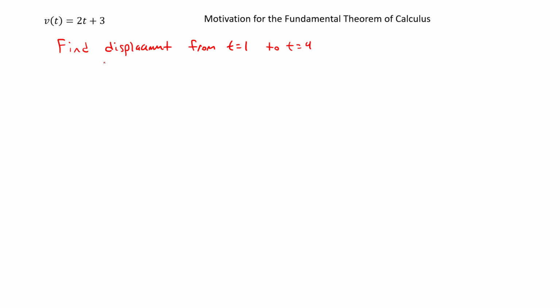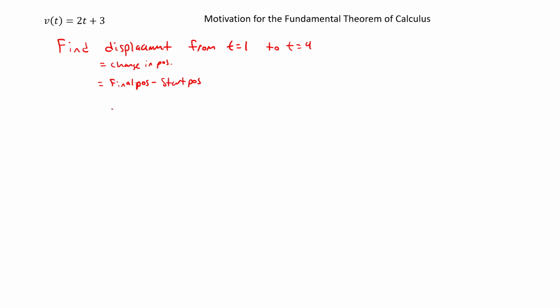Right, now we know displacement is change in position. Well, another way to say it would be your final position minus your starting position. If you know where you end up and you know where you started, the difference would tell you how much your position changed.